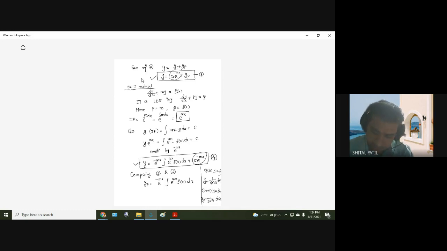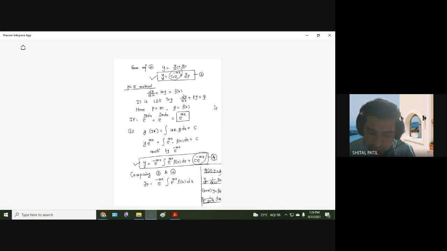Is this making sense to you, where it comes from? At the starting we have written all these things: phi of d y equal to f of x, so we operated 1 upon phi of d. It might be there on your previous page. Then y of p equal to 1 upon phi of d operated on f of x. I have used that for the above differential equation, d plus m y equal to f of x.